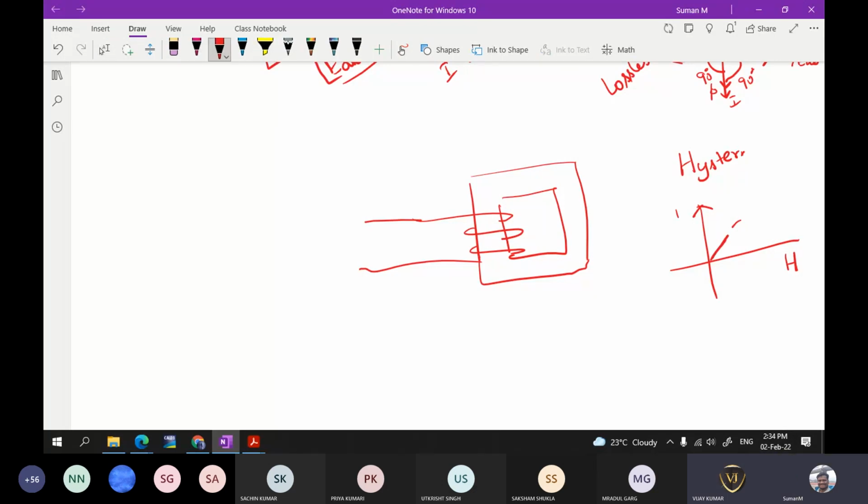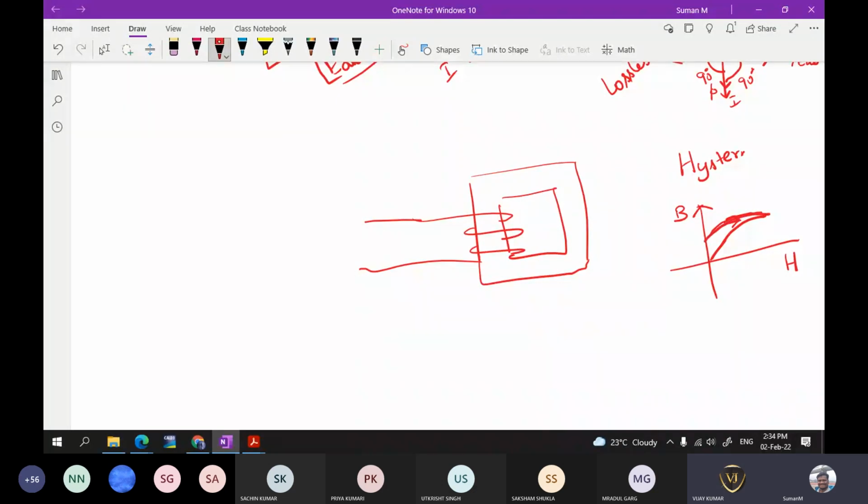This is B. The B is also increasing. Whereas when you are trying to bring the intensity back to zero, what happens? The flux density will not become zero immediately. It will have some value.